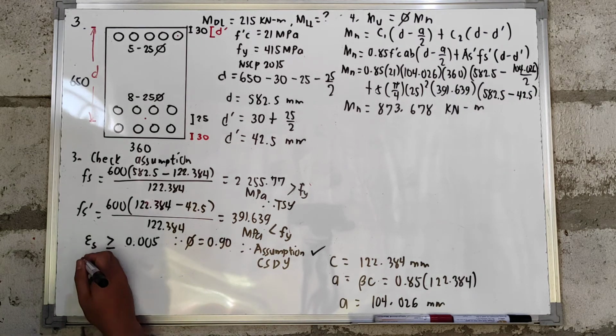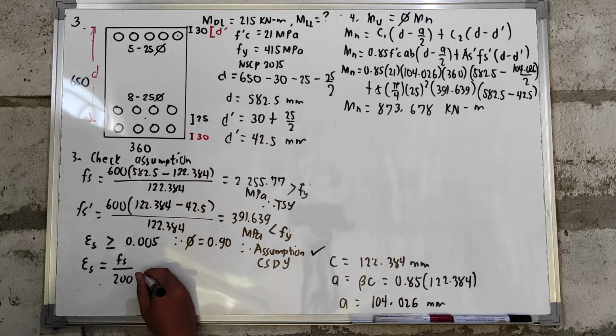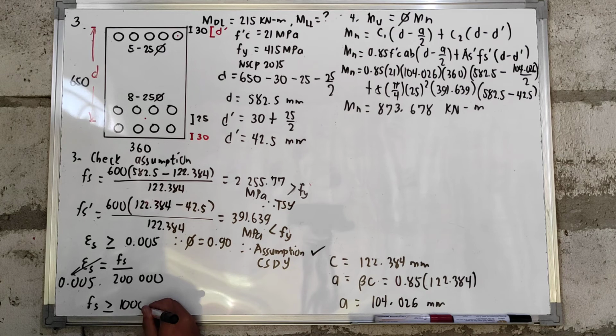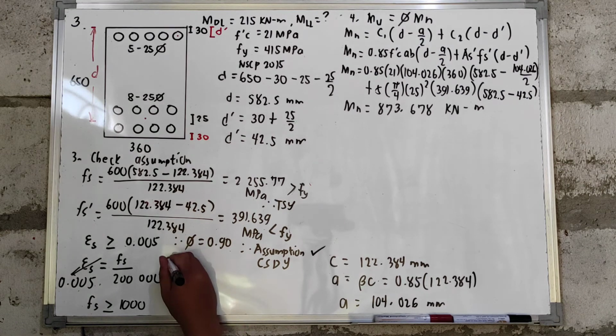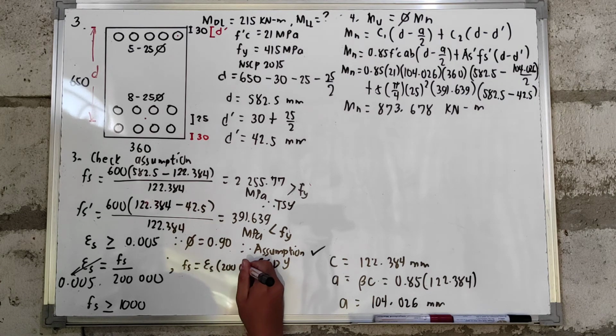So, kung gagawin natin yan, di ba, epsilon, that is equal to Fs over 200,000. So, kung yung strain natin dito is 0.005, therefore, yung Fs natin kapag greater than or equal to 1,000, kasi aayusin natin yan, Fs is now equal to epsilon S multiplied by 200,000.